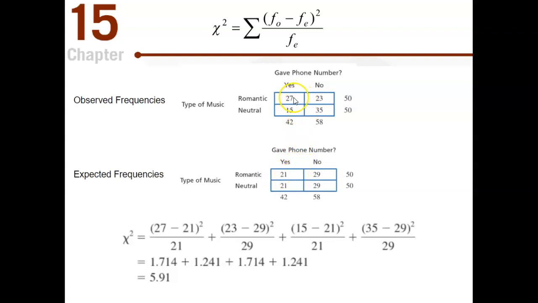So for this top left box, we're taking the difference between that and the top left box here, right? And that's what we're squaring and setting over 21. You can see that we have the calculations down here. Each term corresponds to the box positions, and we get a final chi-square statistic, and we compare that with our cutoff, and then we see whether we have a significant effect or not.